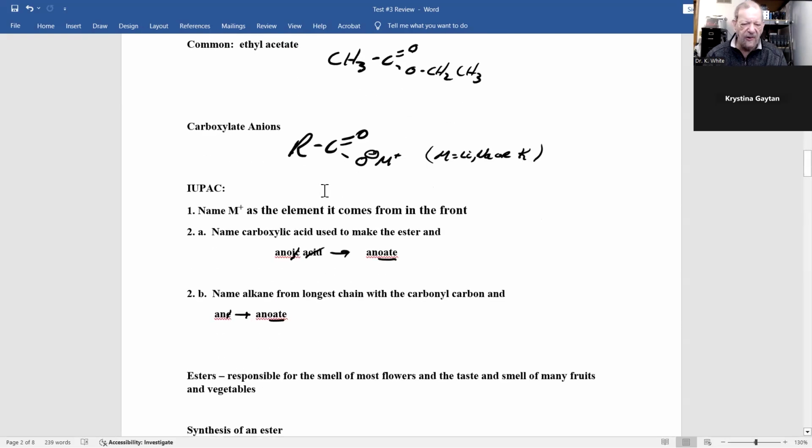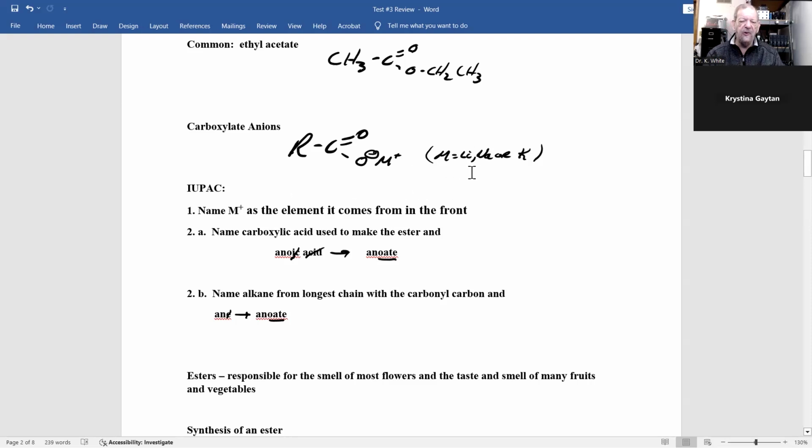Now, I showed it earlier, but now let's talk about nomenclature of the carboxylate anion. And here you have a carbonyl, R group, O minus to the carbonyl, and this O minus, an anion, has a cation M plus, where M can be lithium, sodium, or potassium. And how do you name this? You name M plus as the element it comes from.